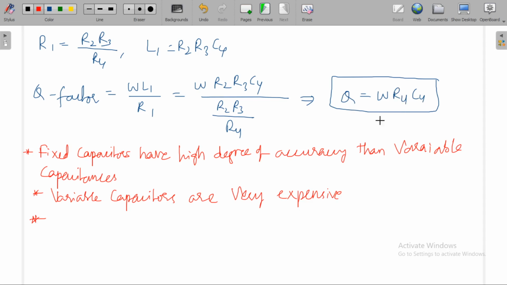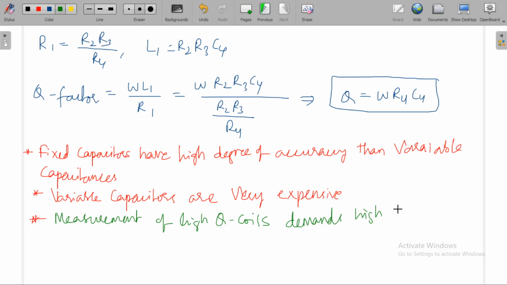So measurement of high Q coils demands a high value of resistance, that is, a high value of R4, resistance R4.